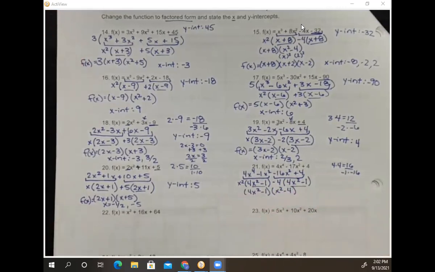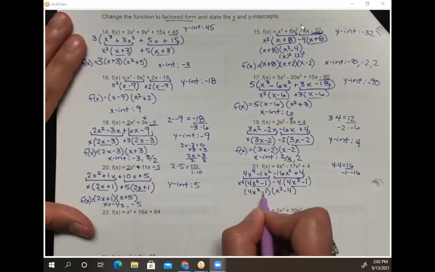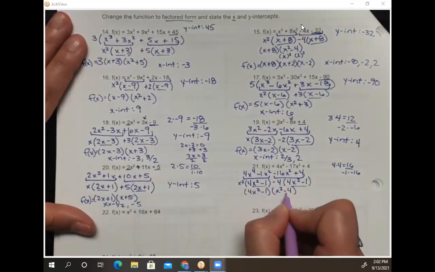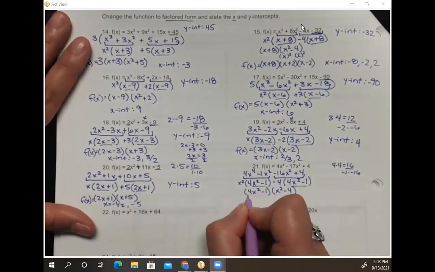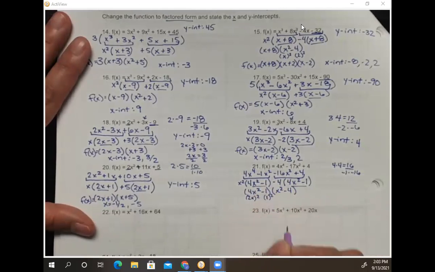Now remember, we said anytime I still have an exponent on my x, I want to check to see if I can continue to factor. 2 terms, even degree, subtraction. 2 terms, even degree, subtraction. I'm going to try difference of squares on both of these. So to get 4, I squared 2. To get x squared, I can square x. And to get 1, I can square 1.